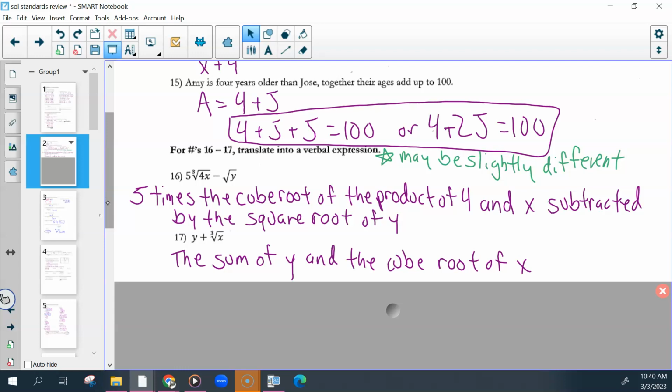And then 17, I said the sum of y and the cube root of x, but you could have also said y plus the cube root of x. That would work. Any other questions on this?